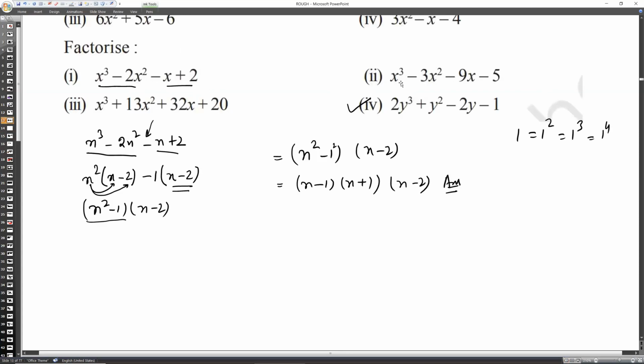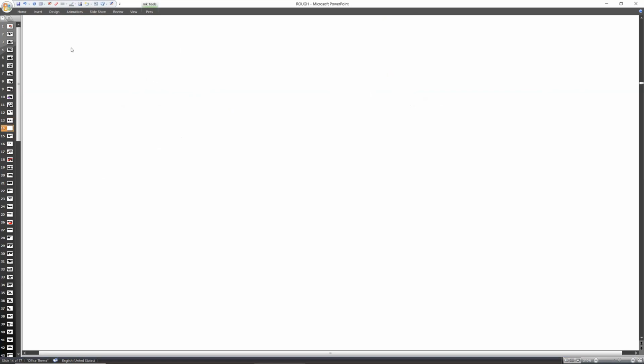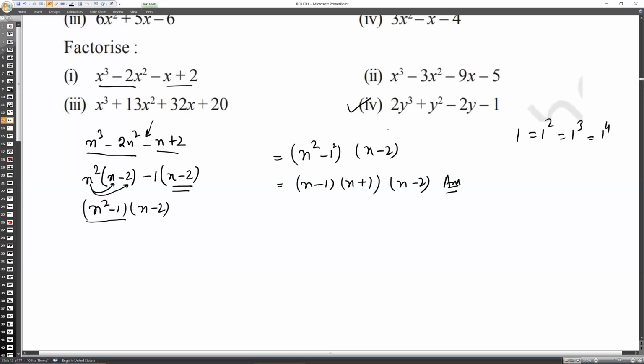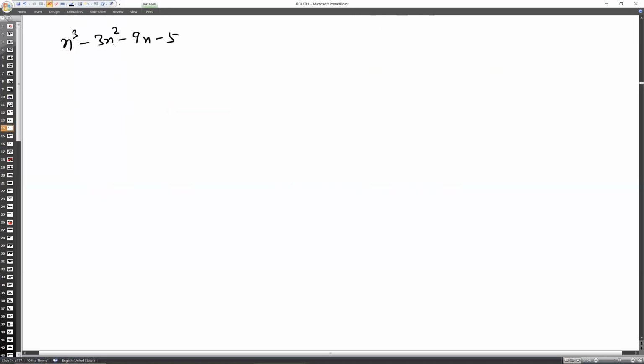So x cube minus 3x square minus 9x minus 5.